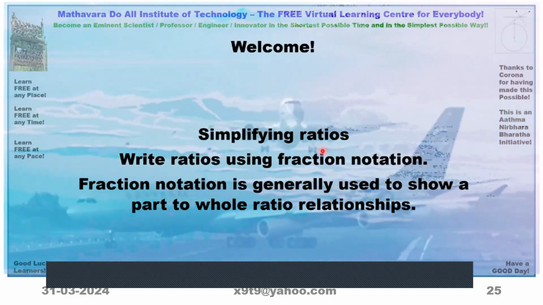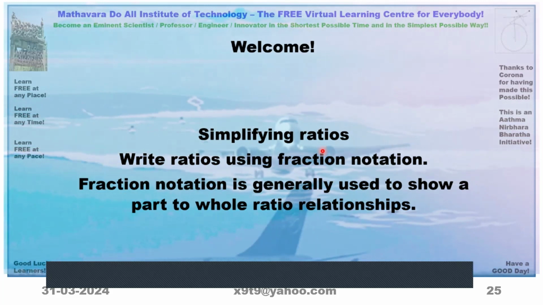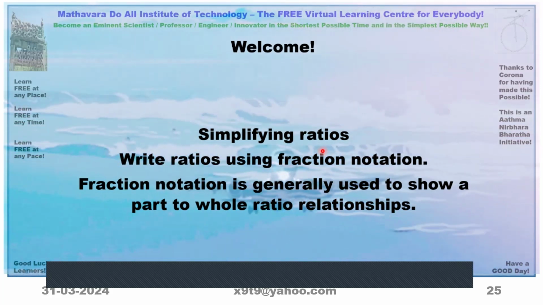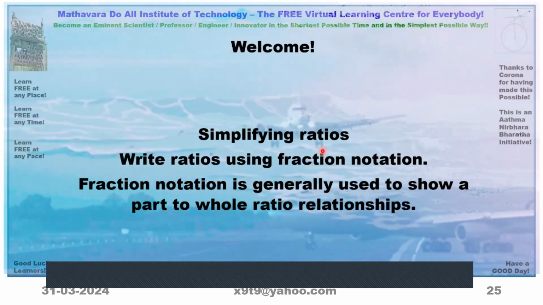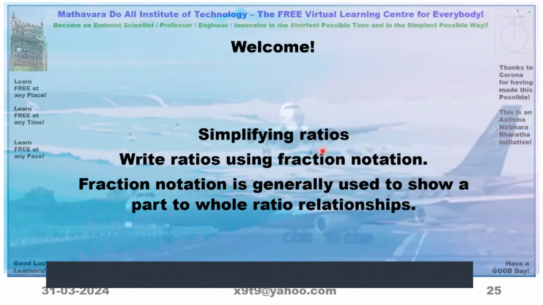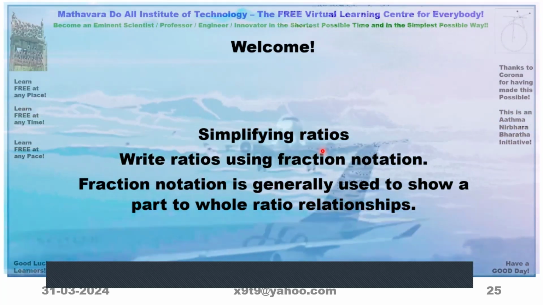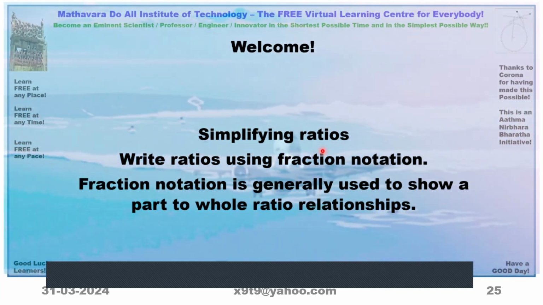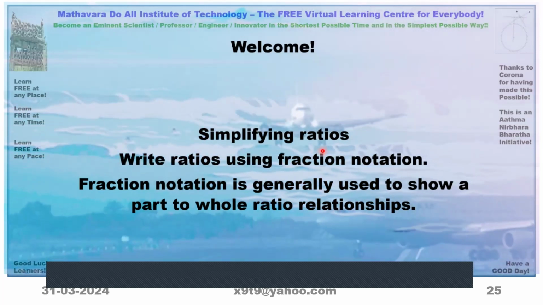Simplifying ratios: write the ratios using fraction notation. Fraction notation is generally used to show a part to whole ratio and relationship. It can be used anywhere.